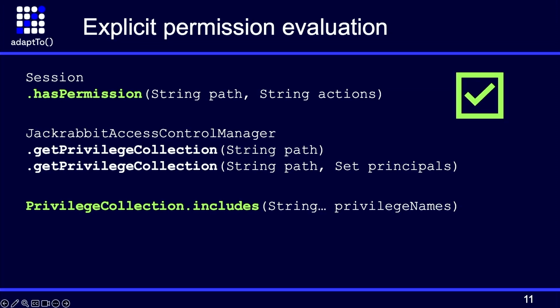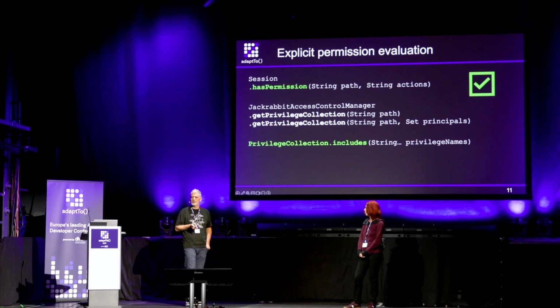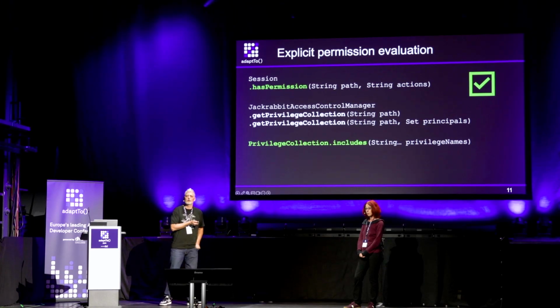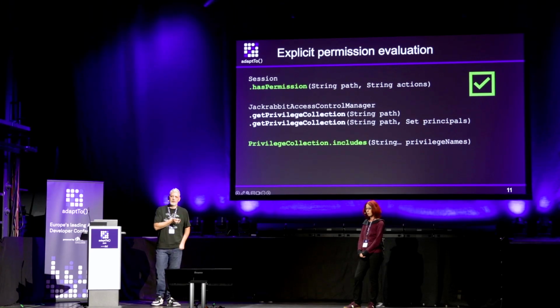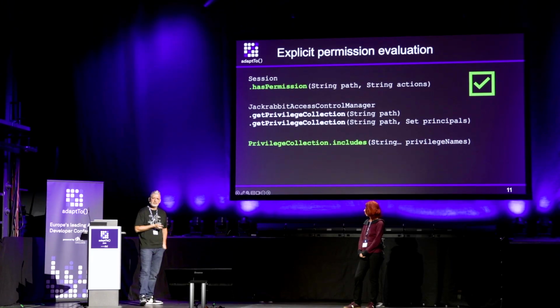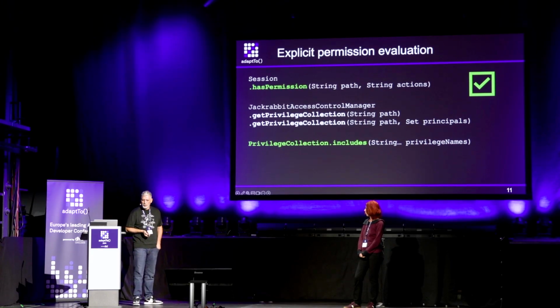Think, for example, of a render condition where you have to keep checking if the user has privileges over resources. The way to get it is you get the privilege collection through the access control manager, and from there you check this collection over and over, and you have the benefits of having this cache and this repeated evaluation, and you don't have to go over the members of the group, which is very costly, by the way.